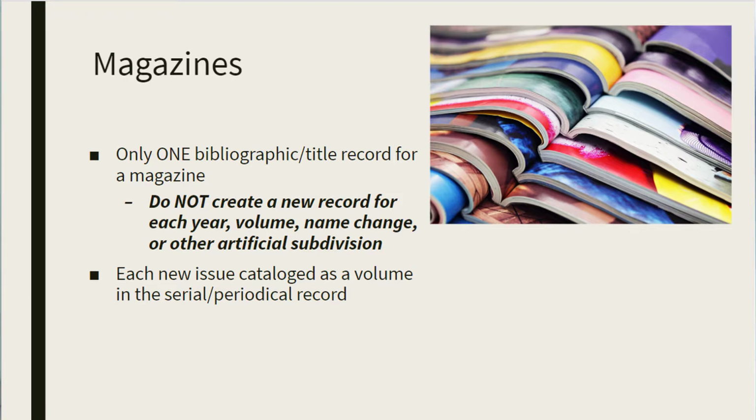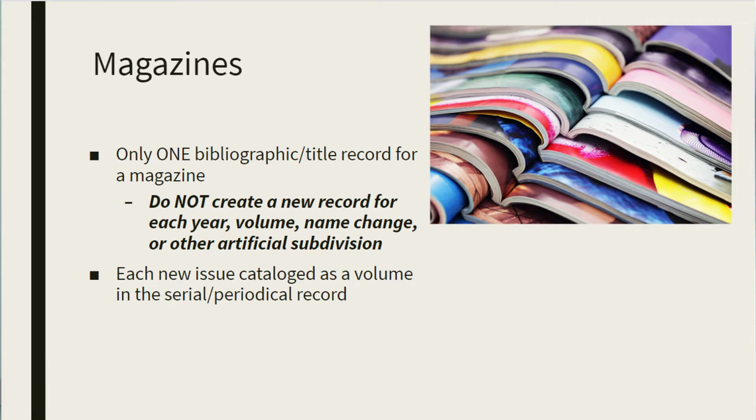So you get Southern Living. Southern Living has a record. Probably everybody in this consortium is using the Southern Living record. When you get the issue for August 2018, you will simply add that to that bibliographic record.